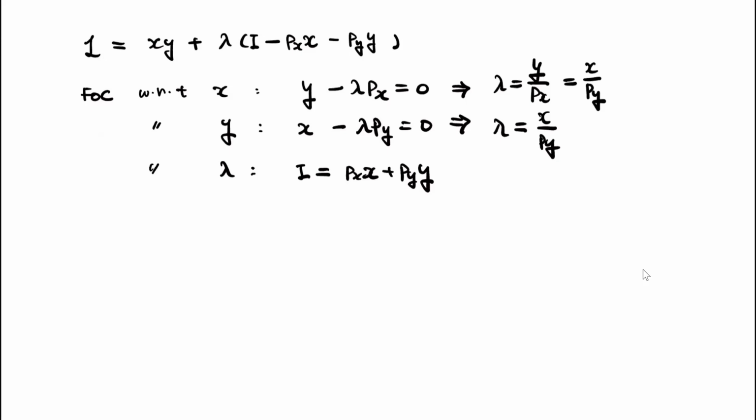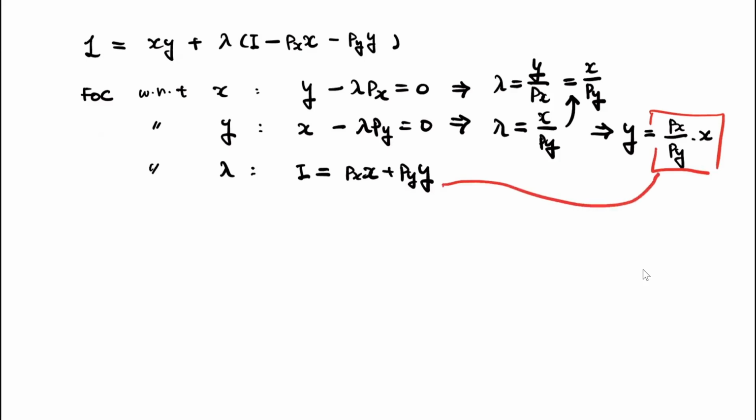And therefore, y is equal to px divided by py multiplied by x. I'm going to put this y equal to over here. Okay. And rearrange this budget constraint.